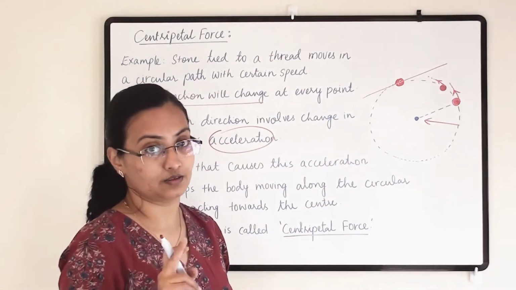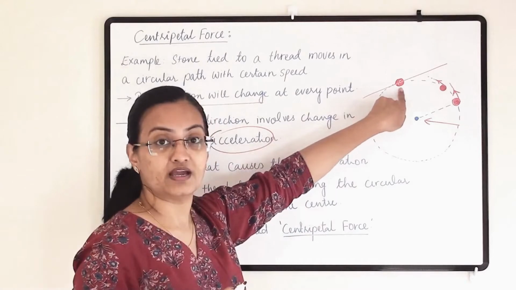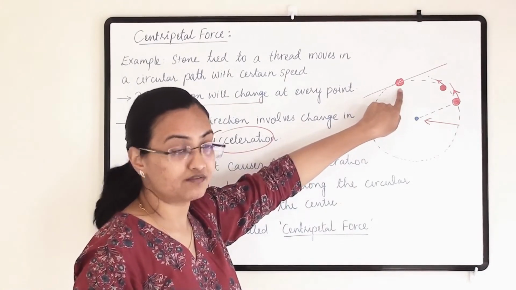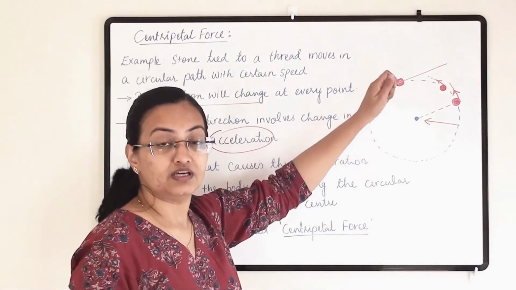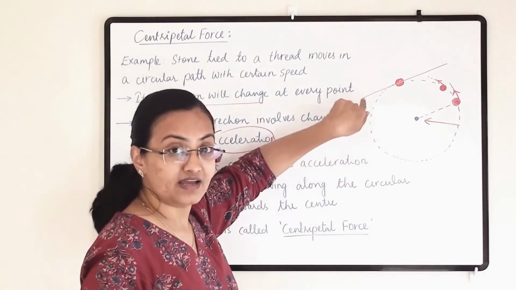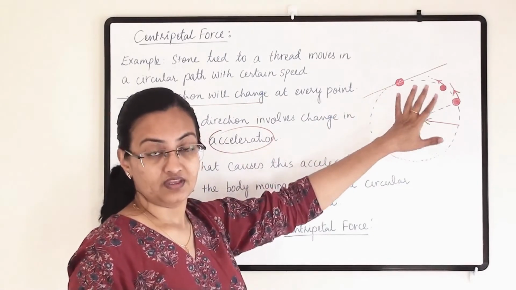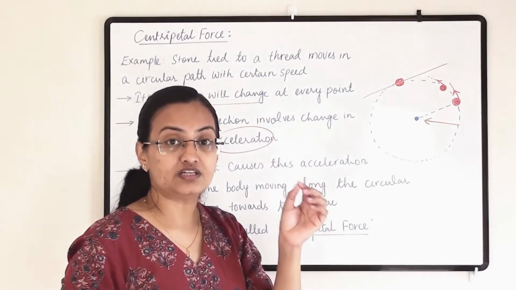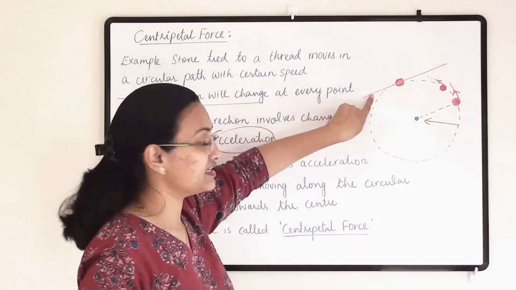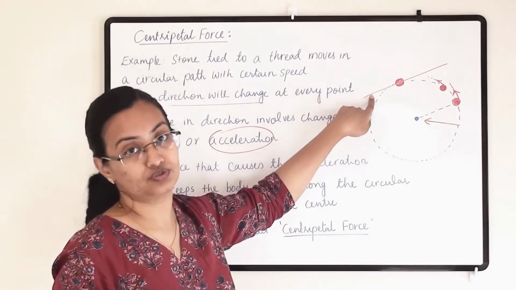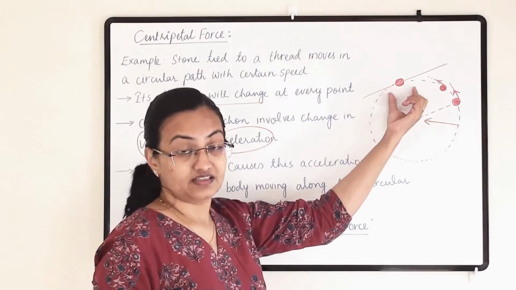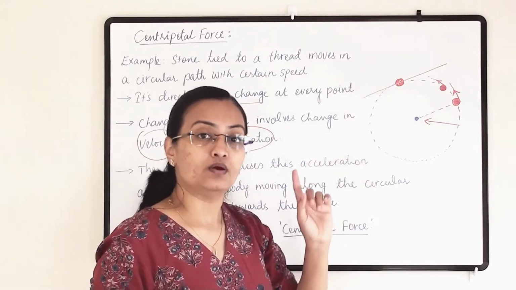This straight line is known as a tangent to the circle, because whenever you leave the thread from the hand, the stone will move along the straight line, and this line will touch the circle at only one point. This is also called a tangent to the circle.